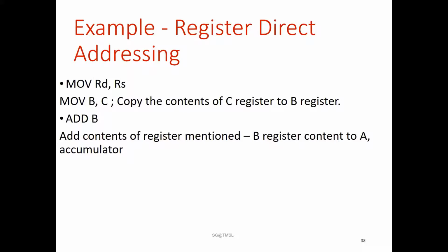How many programmable registers are there? 7: A, B, C, D, E, H, L. All the possible combinations for the move instruction will be move A comma B, A comma C, A comma D, A comma E, A comma H, A comma L, B comma A, move B comma C, B comma D, move B comma E, B comma H, B comma L, move C comma A, move C comma B. In this way, all the possible combinations of register to register are under register addressing modes.